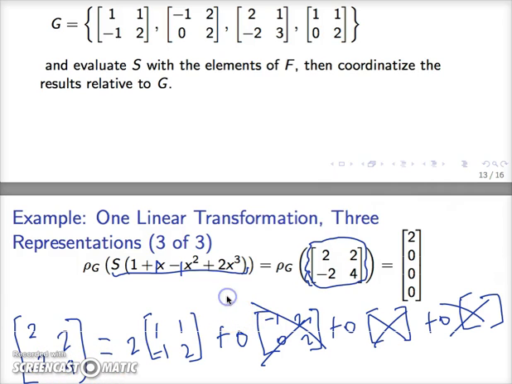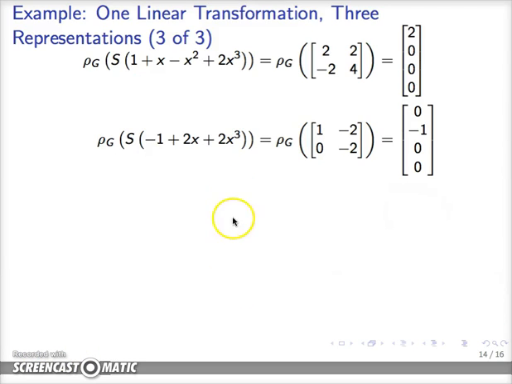Okay, so what happens now if we evaluate at the next element of that basis for P sub 3, we obtain this matrix, and we see that a way of obtaining this matrix relative to the basis G is by using all coefficients equal to 0.